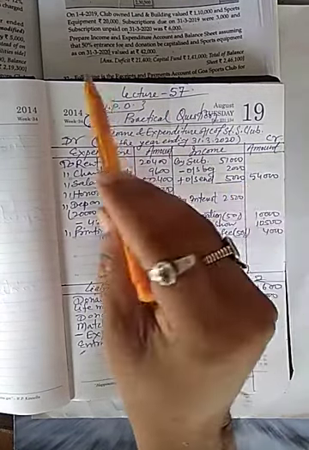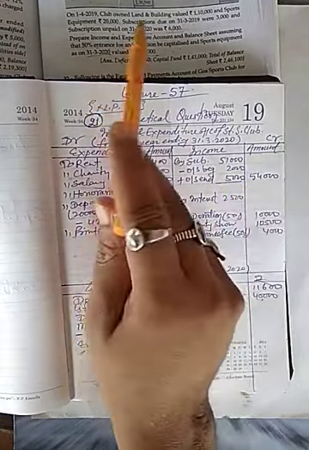Now the question says land and building and sport equipment on 1st April. So I will write it in the opening balance sheet also. So now this is the opening balance sheet, and cash is given, 8,000.